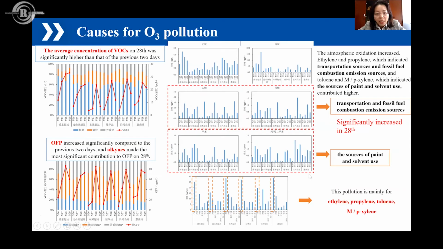When we check the reasons for ozone pollution, we usually need to look at the concentration change of VOCs. You can see that the average concentration of VOCs was quite high compared with other days. We checked the concentration of specific VOCs, and the key sources are painting and solvent use.